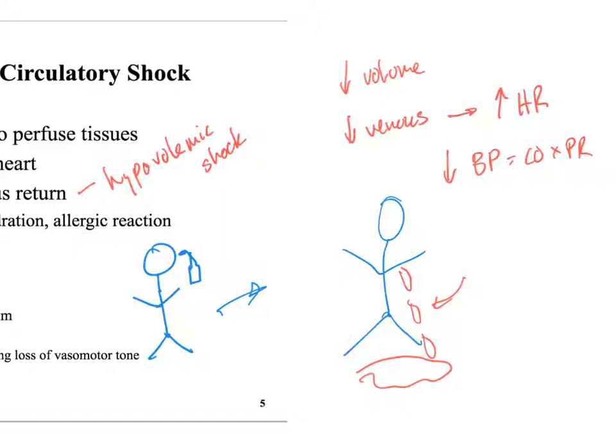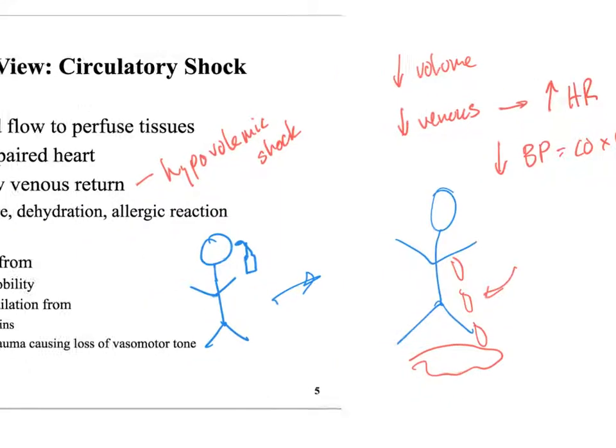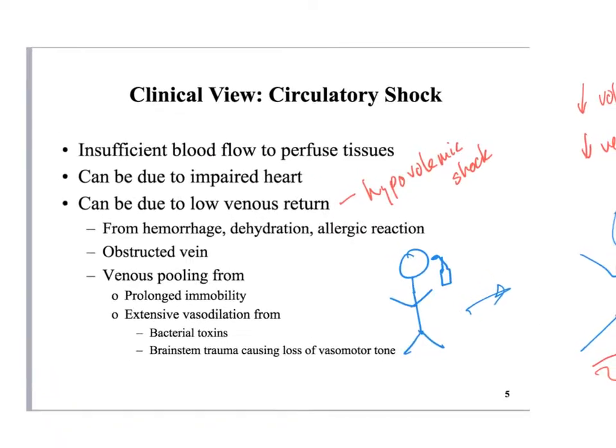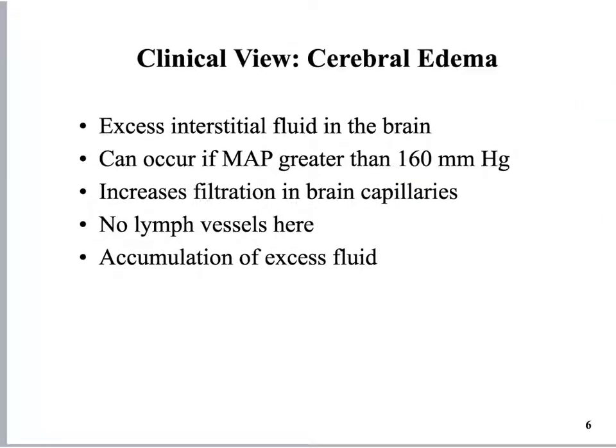Especially in this case, hypovolemic shock. All right? So that's from hemorrhage. You can have it from dehydration, allergic reaction, obstructed veins, or venous pooling from prolonged immobility, extensive vasodilation from bacterial toxins, etc. All right?